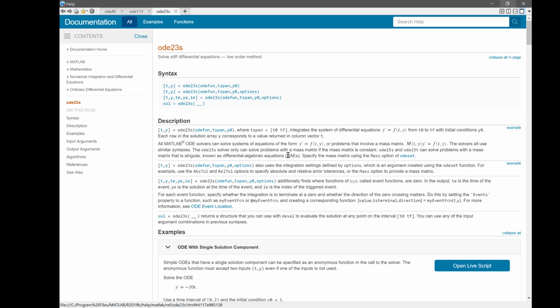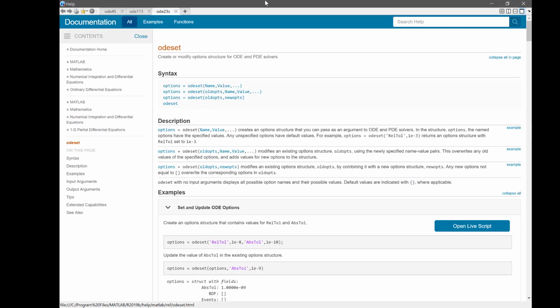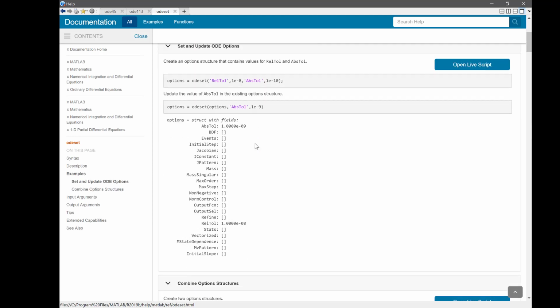One thing to note is that whenever you consider implicit time integration, if you go to odeset for the options, it might be a good idea to provide the Jacobian. The Jacobian is one of the things you provide, which is used by the implicit schemes. If you don't provide it, MATLAB is going to compute it via finite difference.